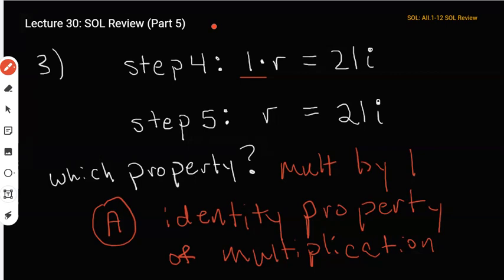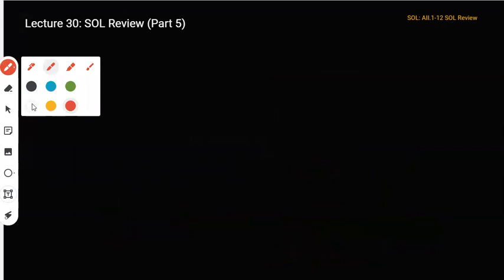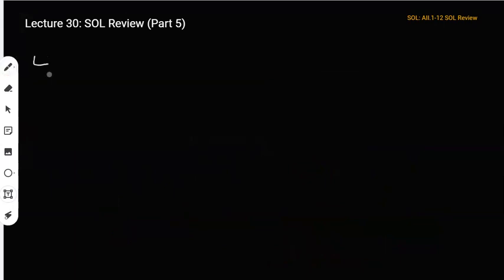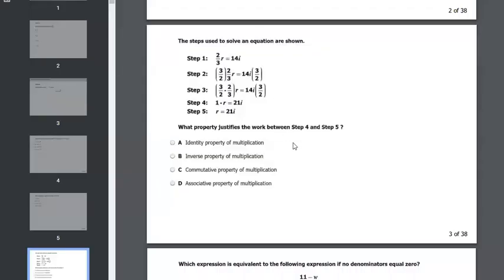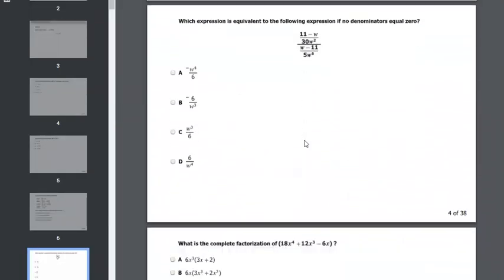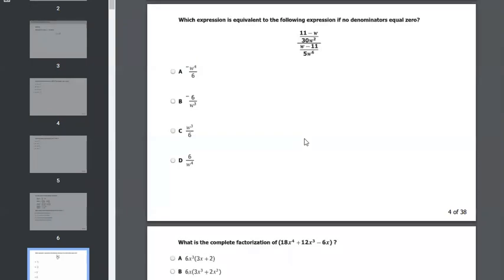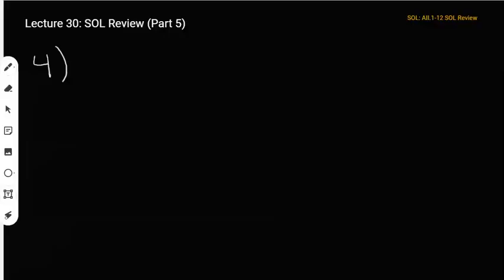Okay, let's try number 4. Okay, so this one is a complex fraction. And you can tell because you've got a fraction on top of a fraction. So let's go ahead and write this out first.